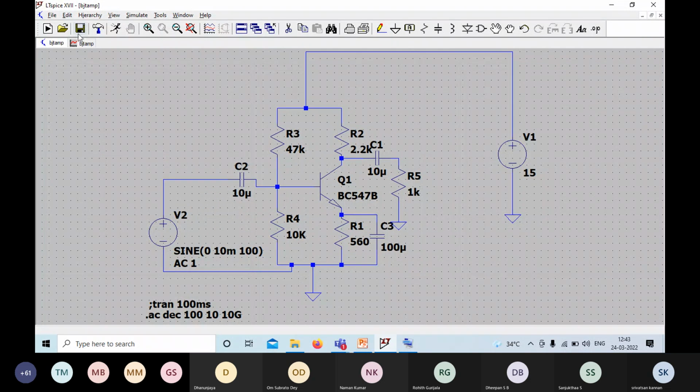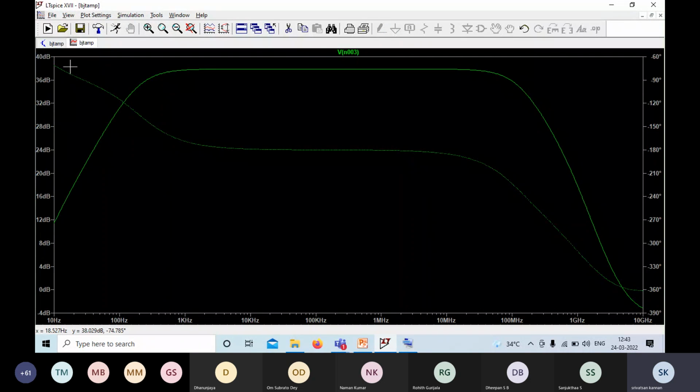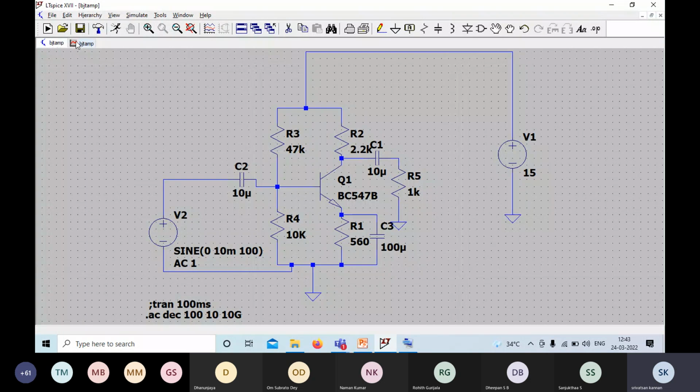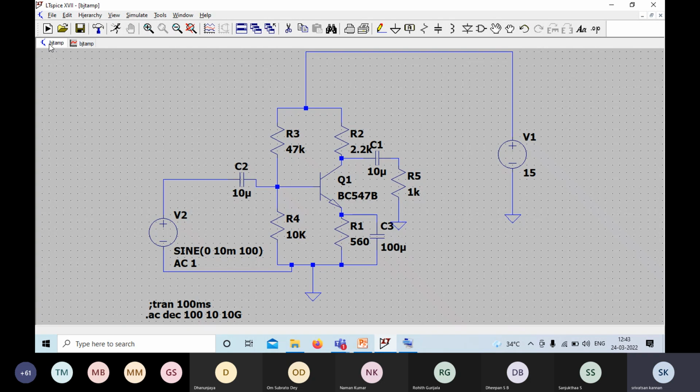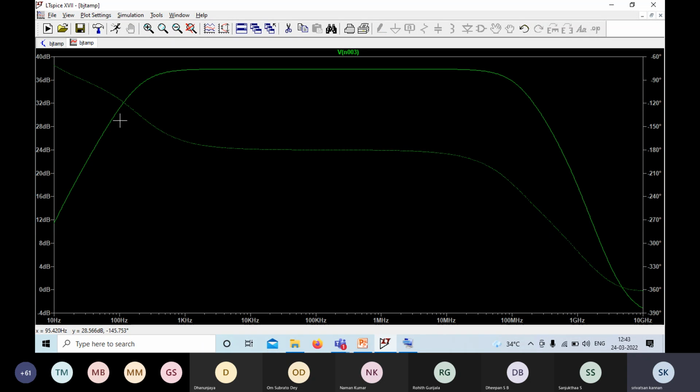Yes, sir. So this is the output graph for bandwidth, and we have plotted the transient response as well as the frequency response of the amplifier. The frequency response plays an important role because you can see from this diagram the gain drops in the lower frequency range and also in the higher frequency range.